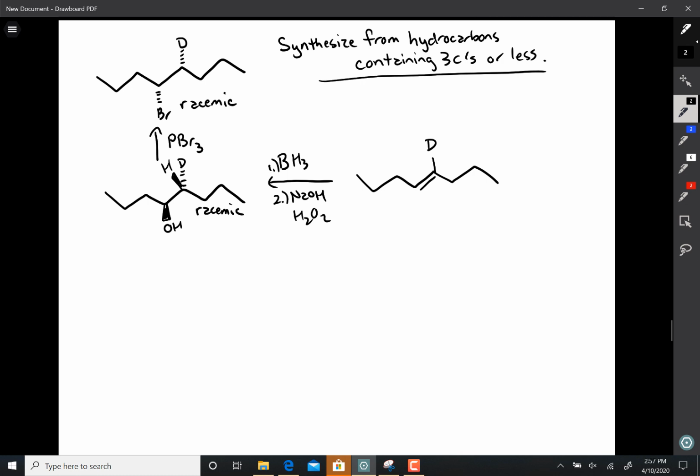Again, we have the problem of it being equally substituted, so if you just use hydroboration on this, you'd end up with the product that you want. Plus the product that you don't want.